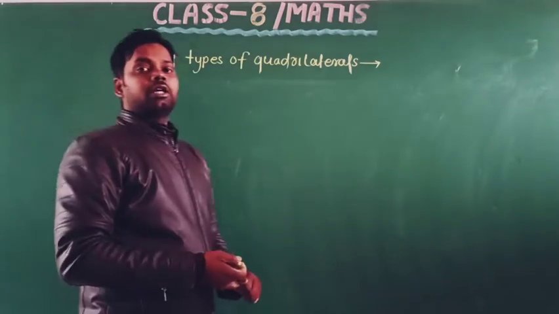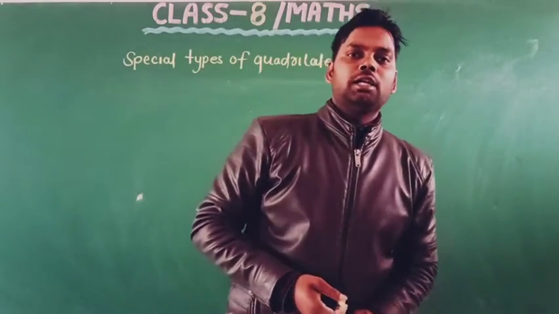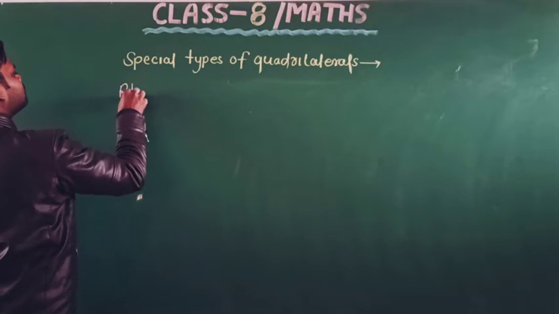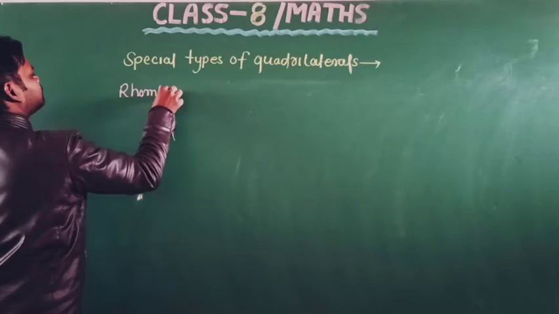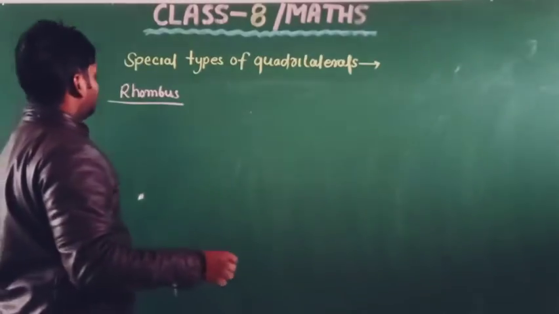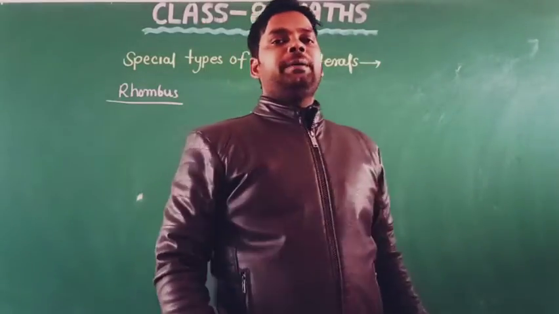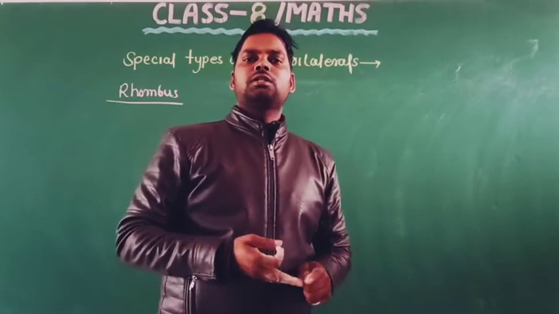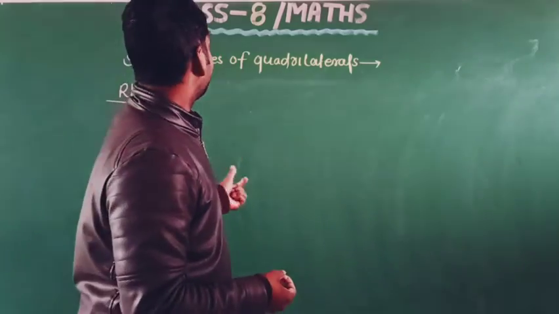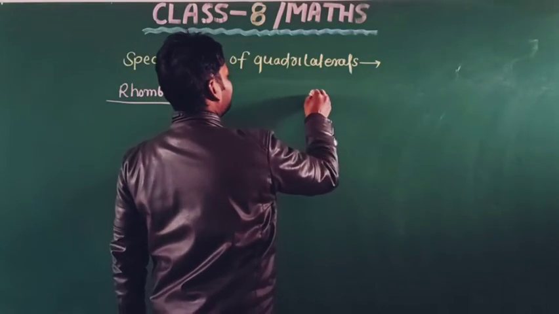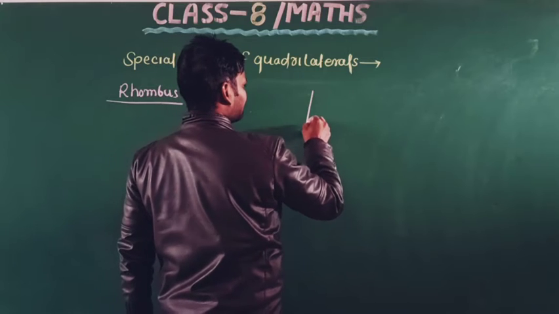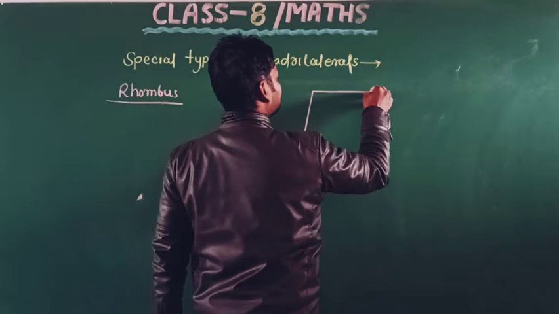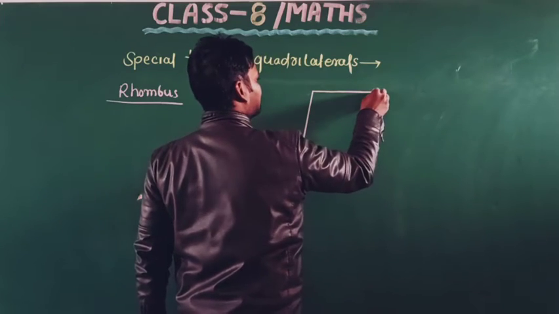Okay, the next type of quadrilateral is rhombus. So a parallelogram is called a rhombus if all its sides are equal. Okay, if all sides of a parallelogram are equal, then it is called a rhombus.